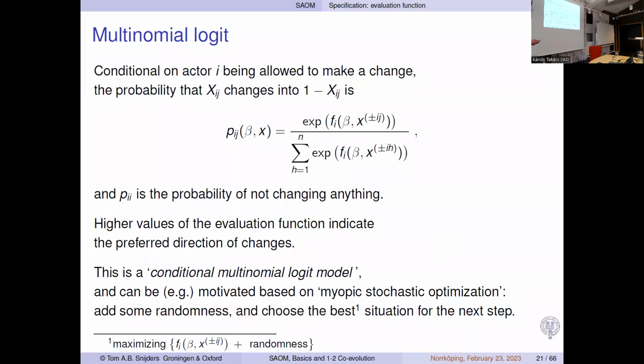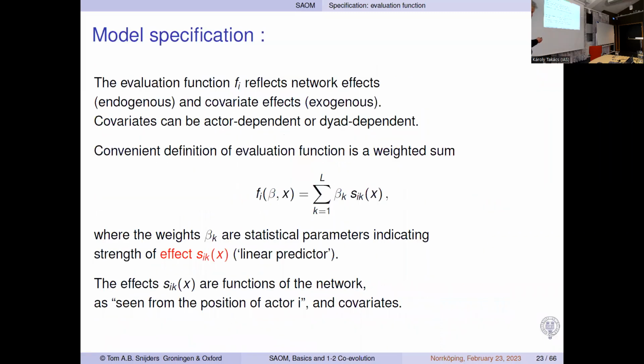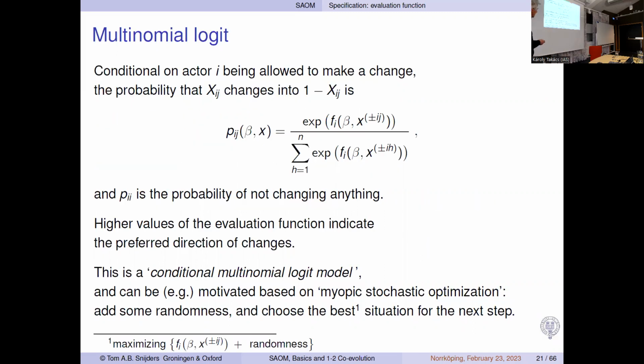And then this multinomial expression is the expression for the choice probability, where you see the multinomial form, and the multinomial form is chosen because it is in line with myopic stochastic optimization.